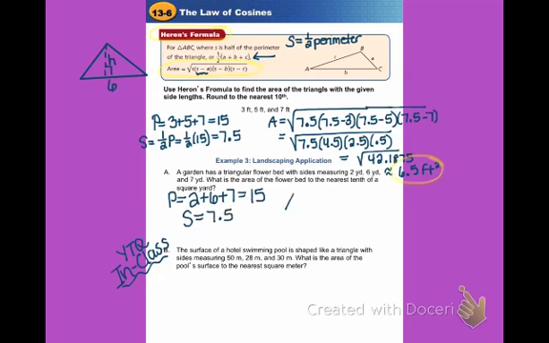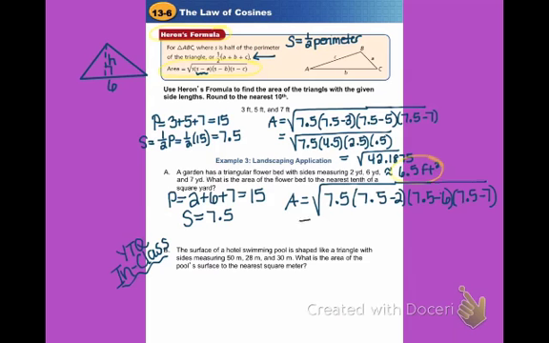So this time our area is going to be equal to the square root of 7.5 times the difference between this S and each of the side lengths. So even if you want to do some of these calculations in your head, you certainly can do that, but I'm just going to write it all out since it's the first time we're using them to make sure you understand exactly where all these values are coming from.